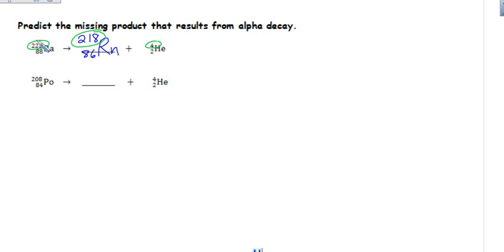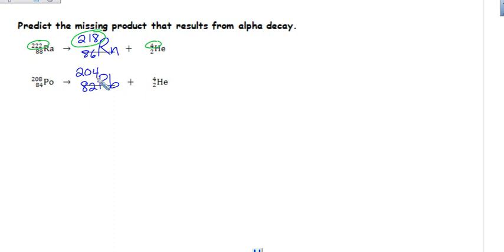Alright, let's try one more. How about some polonium? Okay, so I like to do the atomic number first. It's going to go from 84 down by 2 to element 82. So I look on my periodic table, element 82 is lead, Pb. The mass number should go down by 4, so this would be 204.